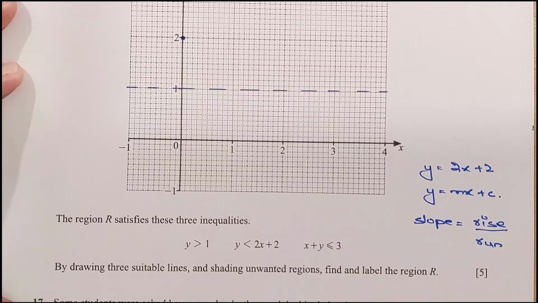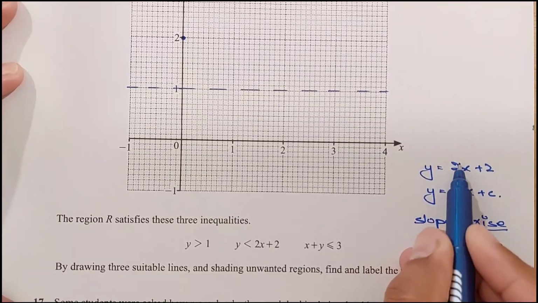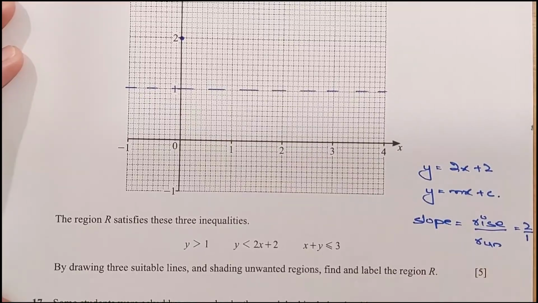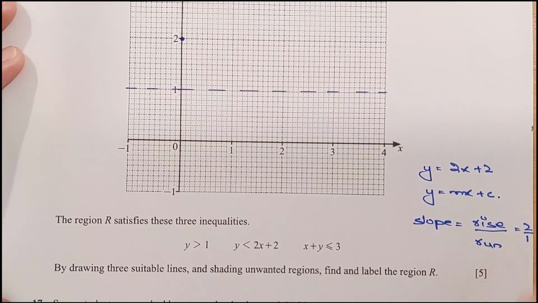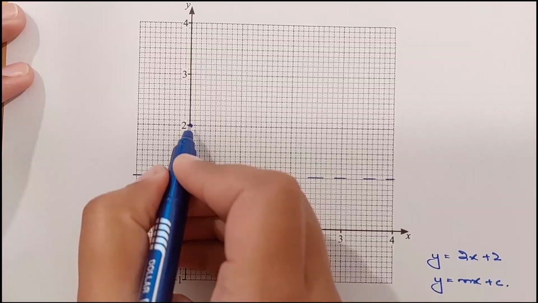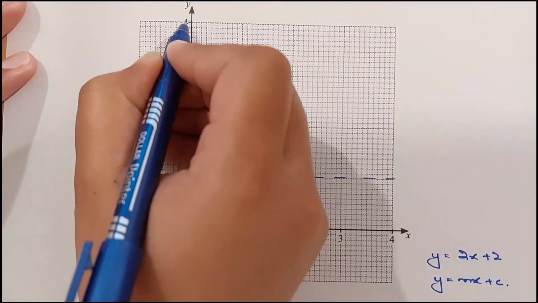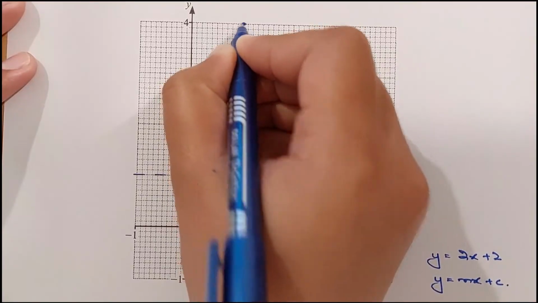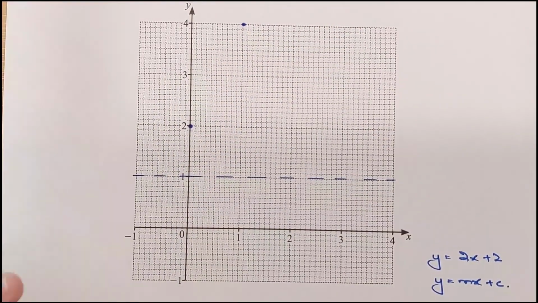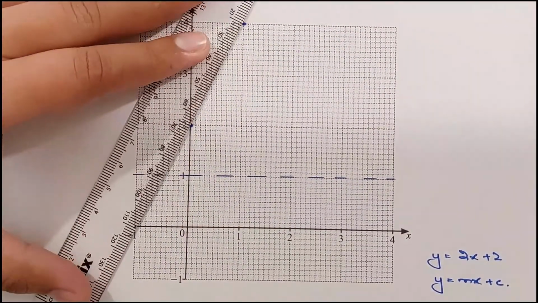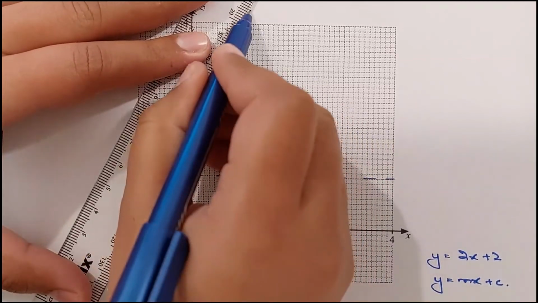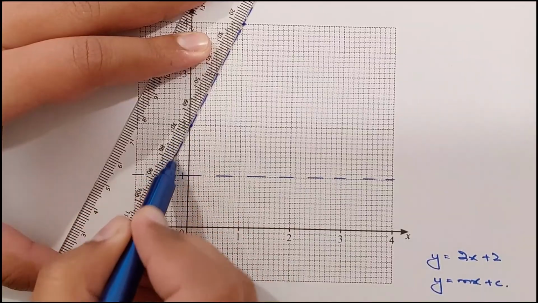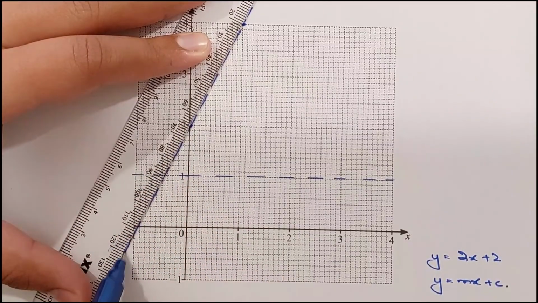Since we have a slope 2, we can write 2 as 2 by 1, so 2 units rise and 1 unit run. From the y-intercept, rise 2 units and run 1 unit to the right side, this point. This is again a dotted one connecting these 2 points, because there is no equality here.